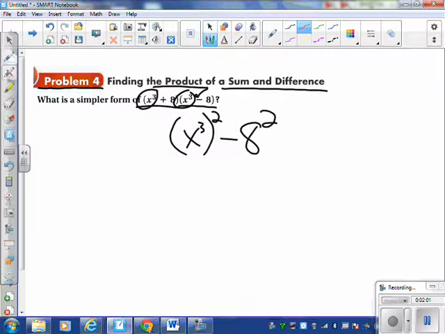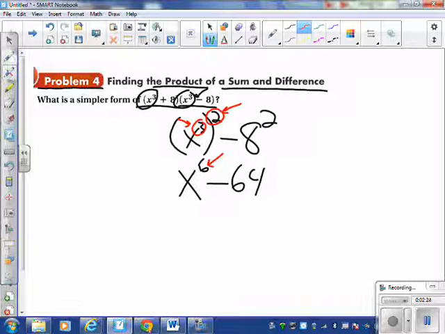Since we have the 2 on the outside and the 3 inside, we're going to multiply those exponents, and we're going to get x to the 6th power minus 8 squared, which is 64. Remember, you multiply these exponents to get your power up here.